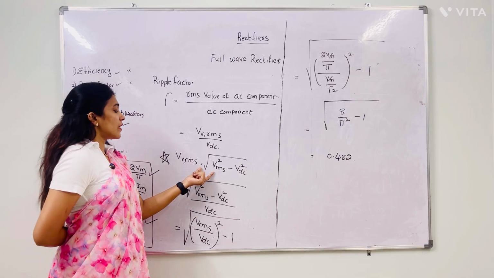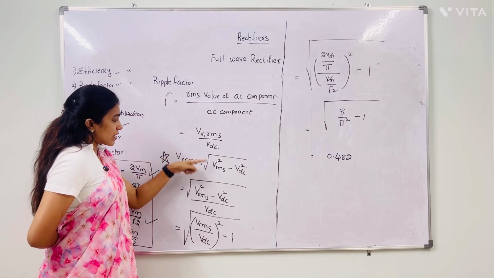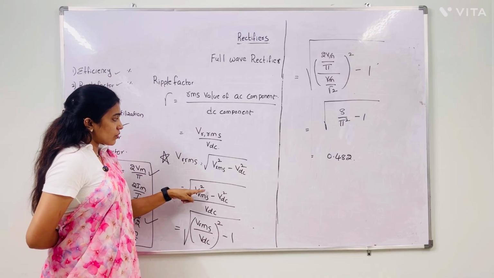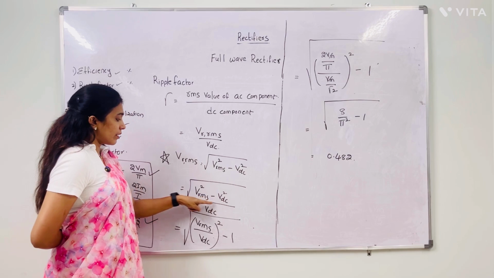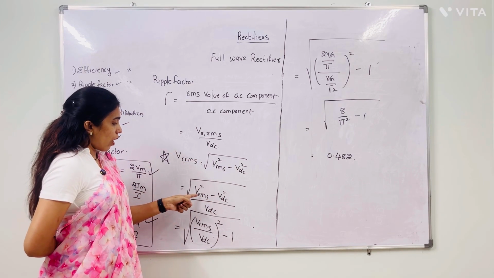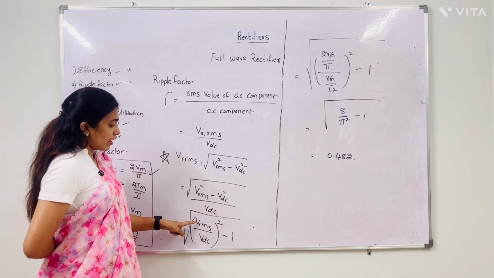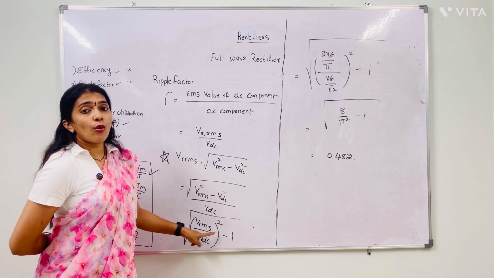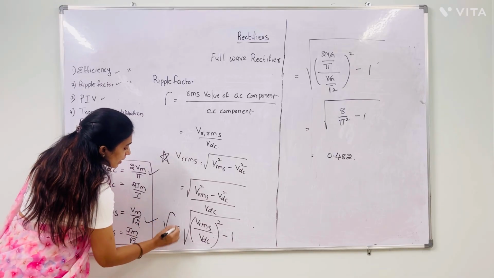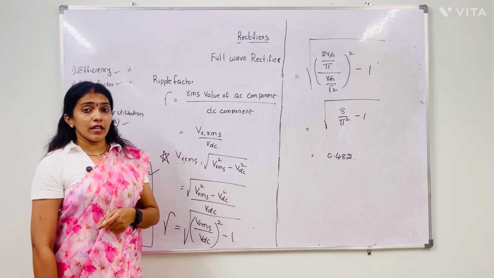Substitute this VR RMS formula into this equation. Then we have under root VRMS square minus VDC square, by VDC. Take VDC common from the numerator. After simplification, finally we got VRMS by VDC whole square minus 1. So the gamma equation is under root of (VRMS by VDC) whole square minus 1.